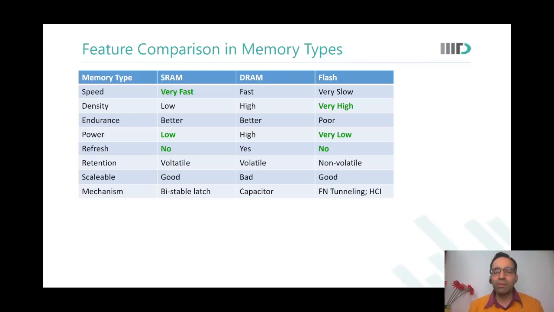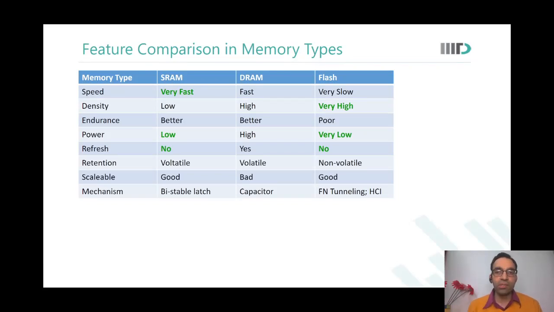But before we go there, let's just have a quick look at how SRAMs, DRAMs, and flash compare on various axes. So SRAMs are very, very fast. They have access times at times of the order of hundreds of picoseconds in advanced technologies. DRAMs are fast. Their access time is of the order of nanoseconds, tens of nanoseconds.